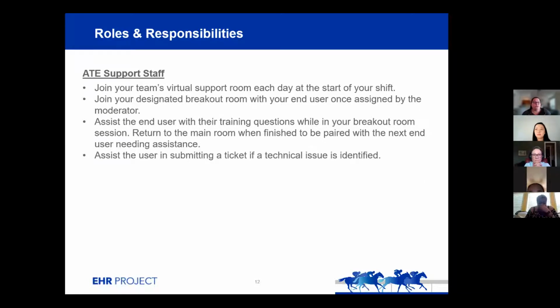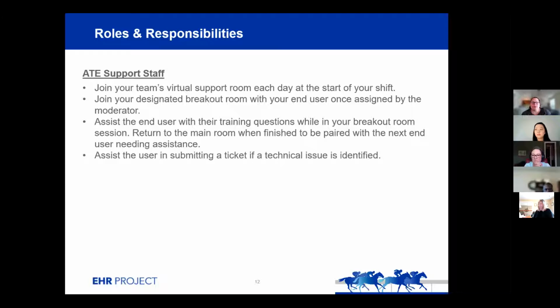First and foremost, you need to join your Zoom meeting. So you should know which virtual support room you're assigned to, and you will join that meeting. Then, of course, as soon as you're paired with an end user, you're going to join your designated breakout room so that you can work one-on-one with the end user who's needing some additional training.